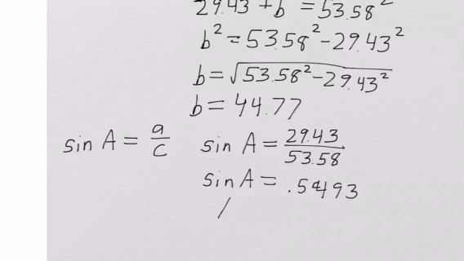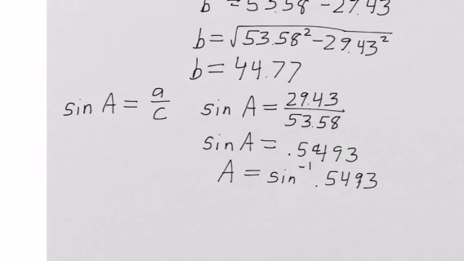And then we can say A is equal to the inverse sine of 0.5493. So that sine inverse is not indicating 1 over the sine, it's indicating we want to undo the sine function.